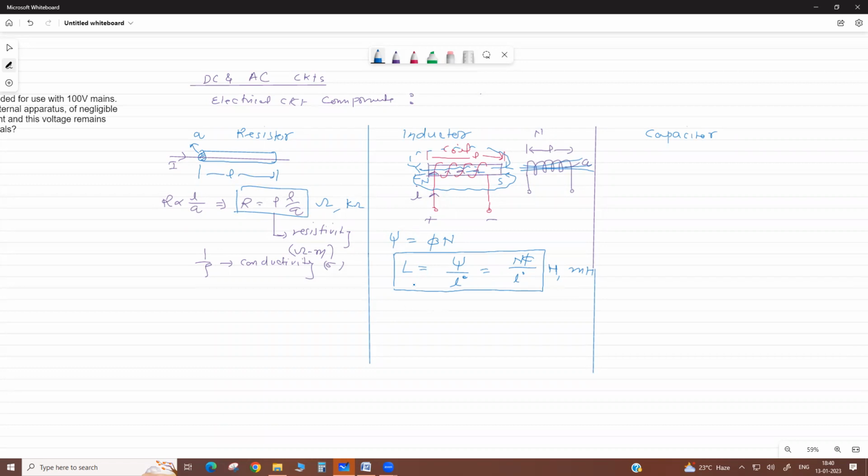Okay, dear, this is the inductance. Now you can derive this formula completely. Phi equals MMF, magnetomotive force, divided by reluctance.